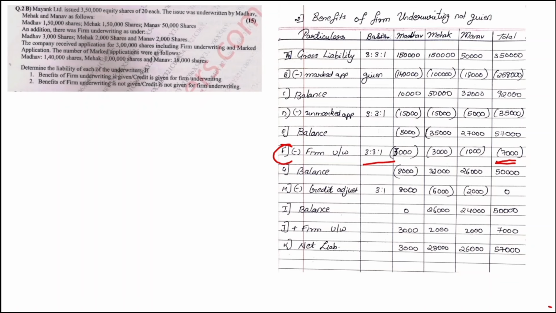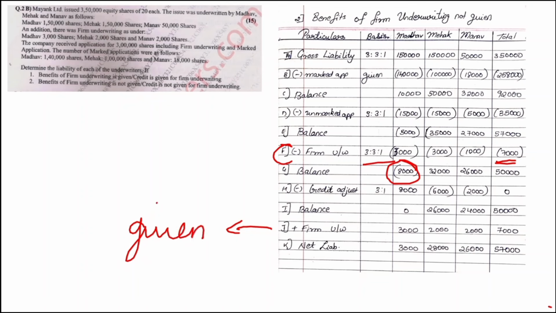We subtract and get -8,000, 32,000 and 26,000. Since we have a negative value, we'll adjust that. Let's credit adjust 8,000 in the ratio 3:1 for the remaining two, that is 6,000 and 2,000. You subtract it and get 0, 26,000, 24,000. Total comes to 50,000. Lastly, we add back the firm underwriting. So here at this step, we have to take the given.